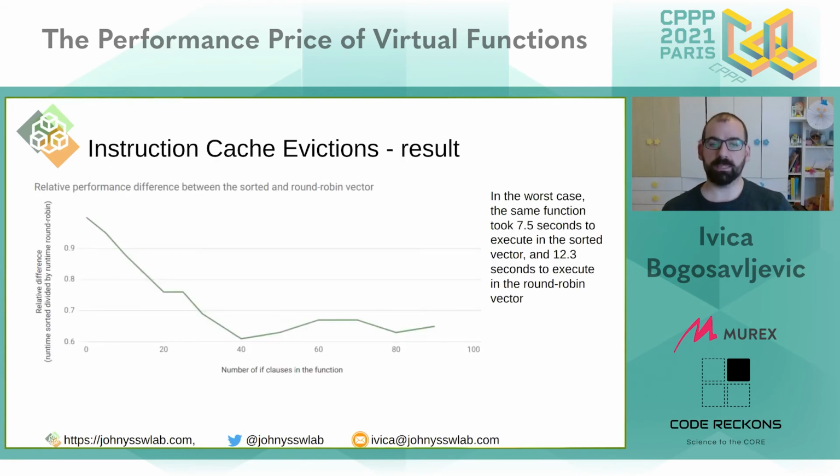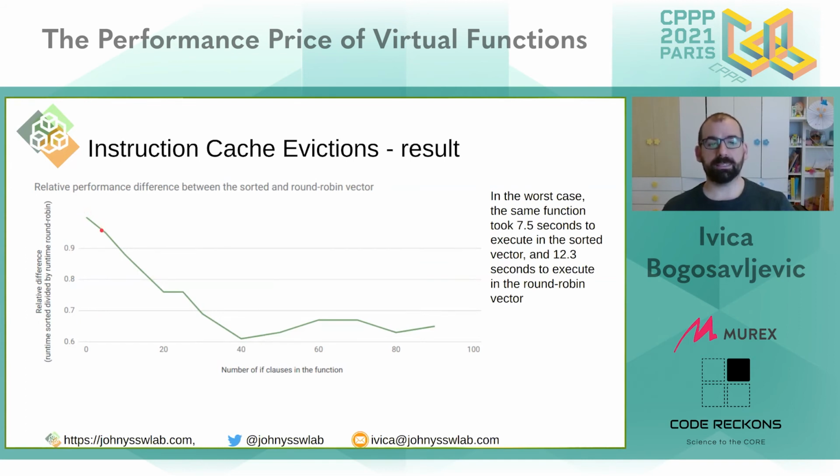So how does that look? This is the relative performance difference between the sorted and round-robin vector. Relative means that we divide the runtime of the round-robin by the runtime of the sorted. When the virtual function is small, it is almost 1, so there is no performance difference.